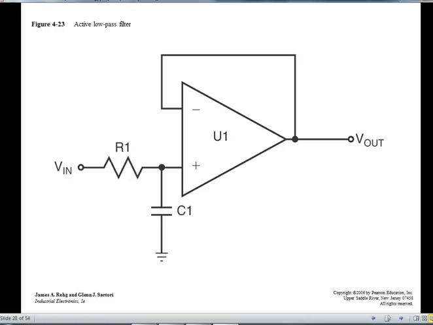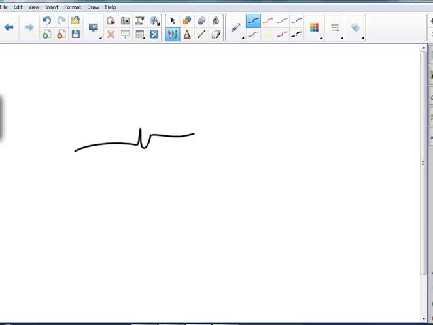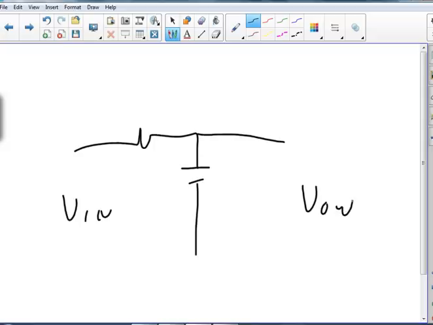All right, now we have filters that we deal with next, and so if I have something that looks like that, and I got some V in and some V out, when frequency is low, this becomes an open and my voltage out stays high.